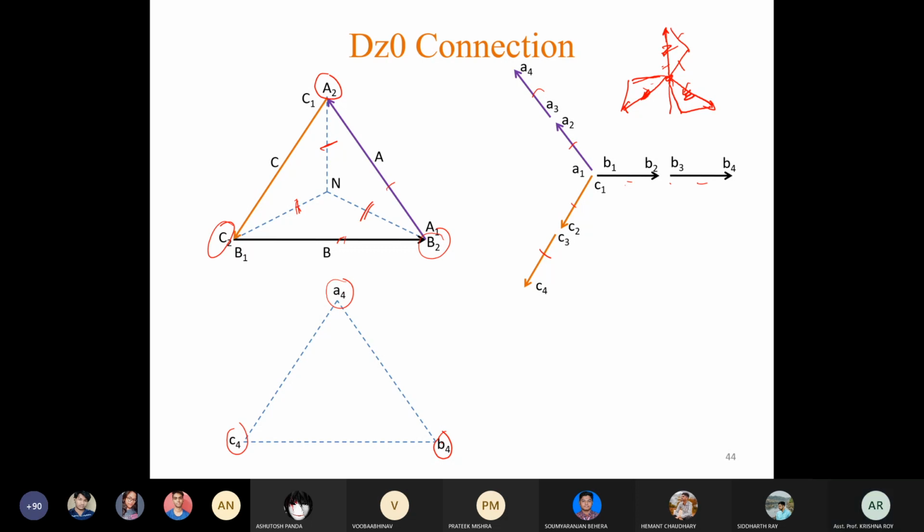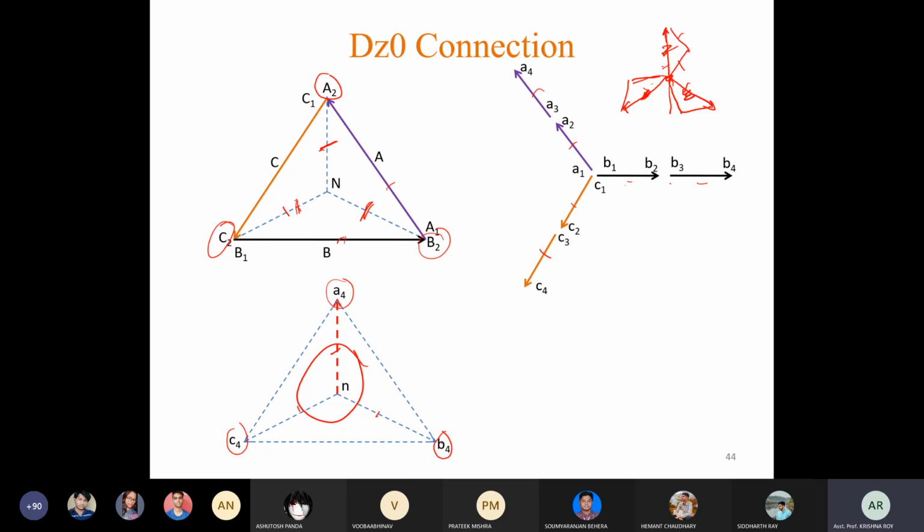Okay, and this is the equivalent star. Okay, so this side and this side will coincide, this side and this side will coincide, and this side and this side will coincide. Okay, so this one is the resultant star of the zigzag connection which we are going to draw.